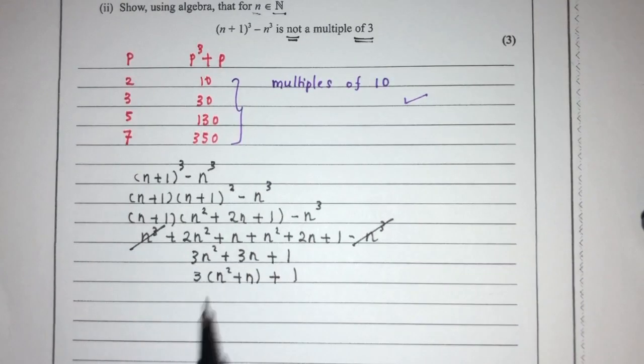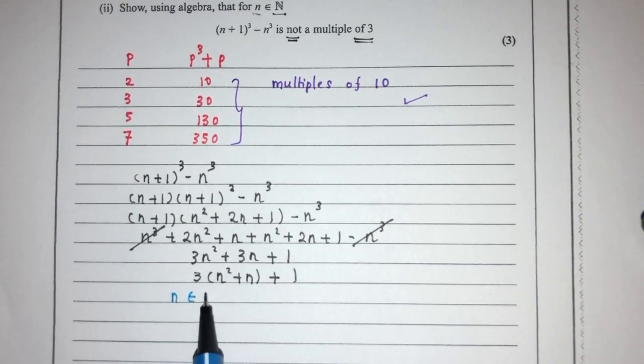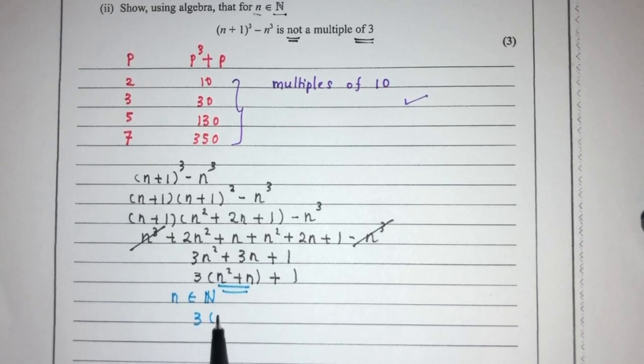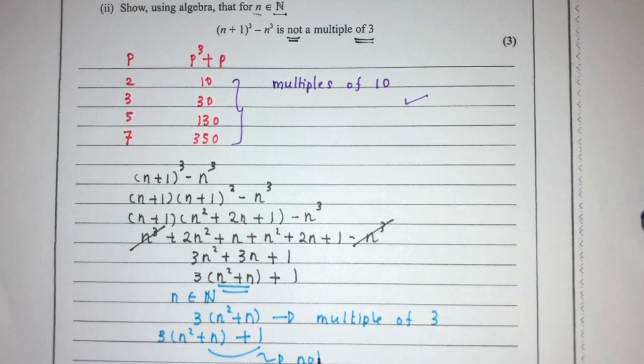Now as you can see, n can be any natural number, right? We understand that this will give you a number which is a multiple of 3. Since we have this same thing plus 1, it will not be a multiple of 3.